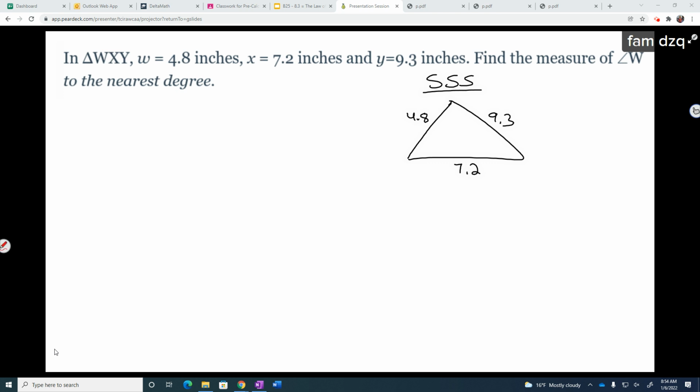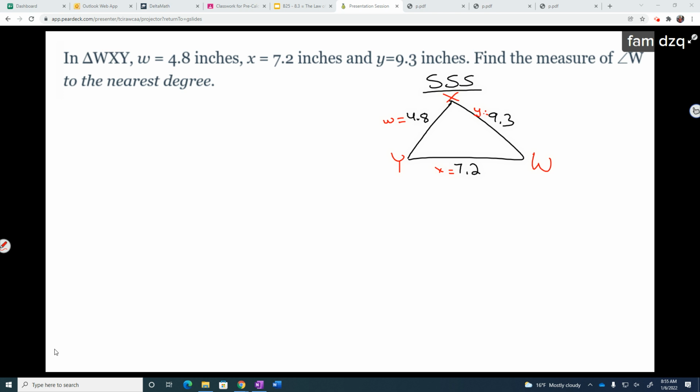Okay? And in particular in this question, just something you want to write down. We got our 3 sides there, and so this one would be big W, so that's little w, little y here, this one big Y, and then little x. Little ones always opposite the big ones.